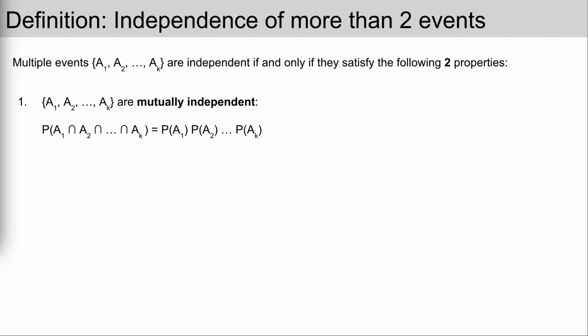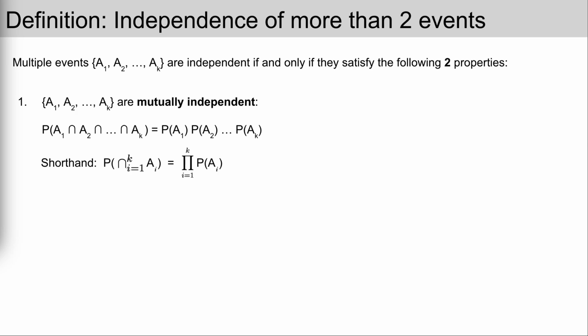First, extending the definition of independence for two events, it must be true that the probability of the intersection of all k events is equal to the product of their individual probabilities. We can simplify this statement using some shorthand notation.